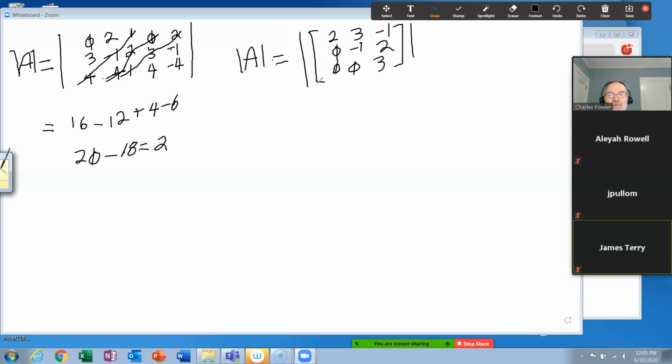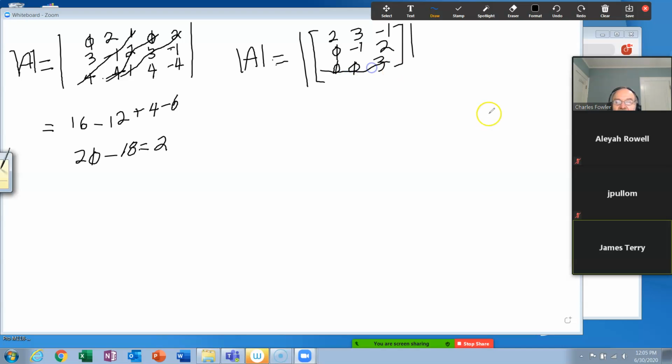My question to you: what would be your choice of a row or a column to do? Okay, he chose row 3. We'll go with that, even though I wouldn't have chosen that one, but it's a perfectly good one. So we're going to use row 3.